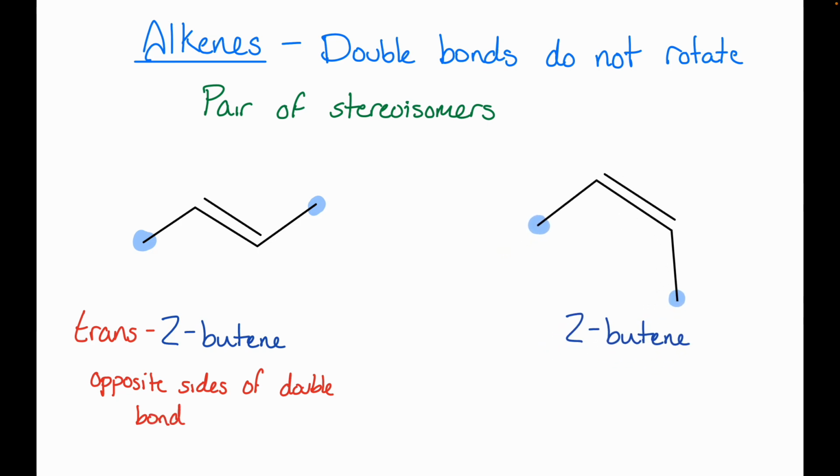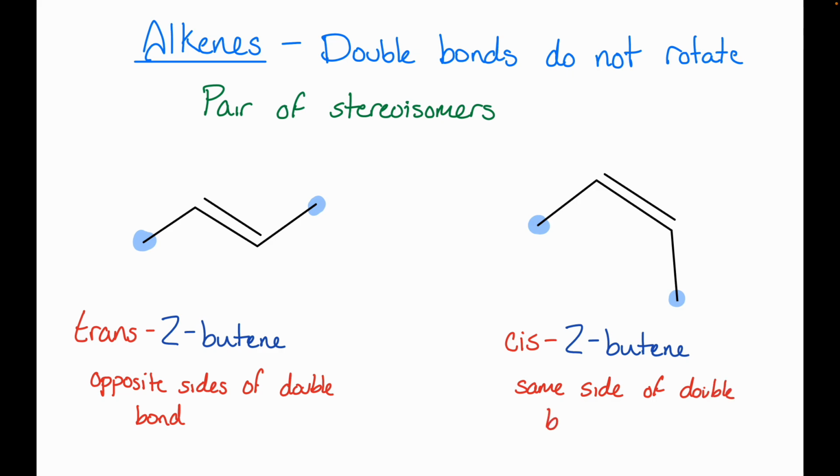And my other example here would be the cis 2-butene, because those two methyl groups are pointed on the same side of that double bond. So in the same way that our cyclic alkanes couldn't rotate, we had these stereoisomers where groups are locked in particular conformations. We see the same thing for alkenes, depending on where these groups are about this double bond.